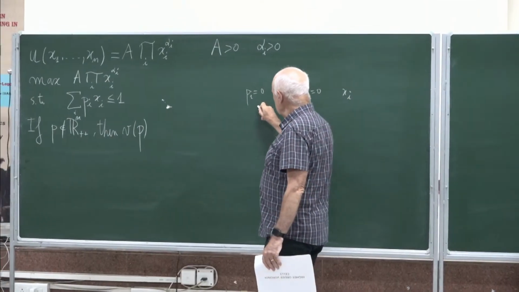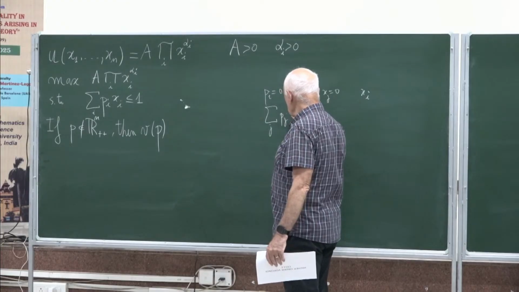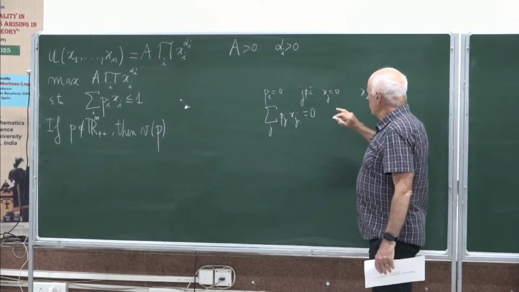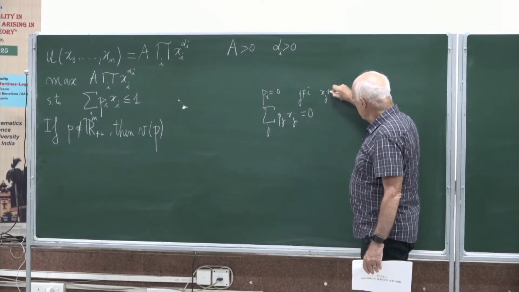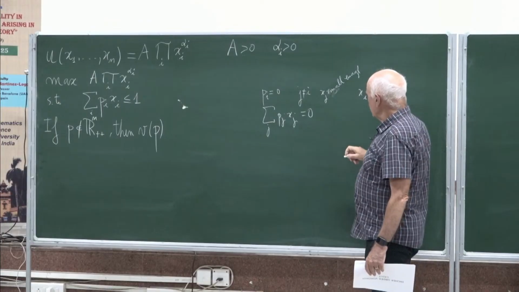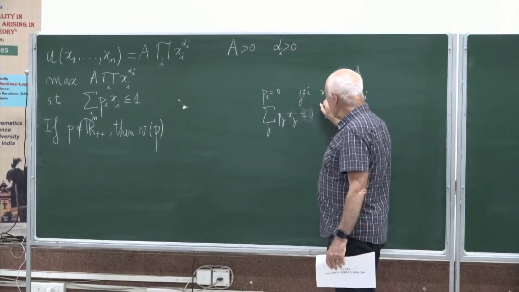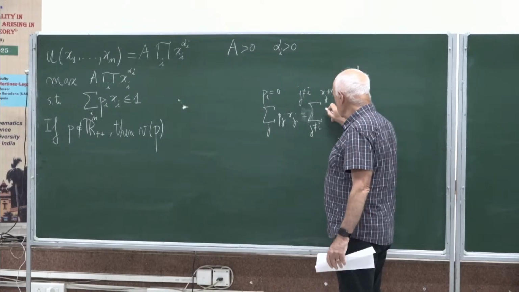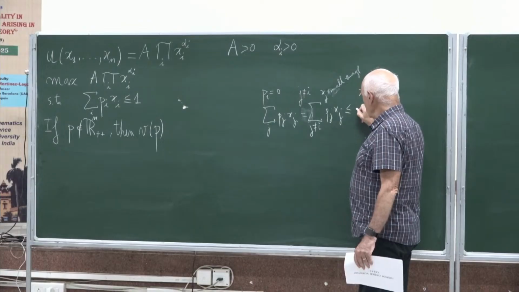Then this sum would be 0. But don't take x_j equals 0, take x_j small enough, so that the sum over j different from i of p_j x_j, because p_i is 0, is less than or equal to 1.